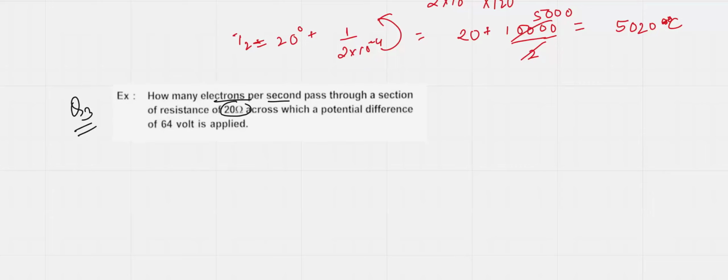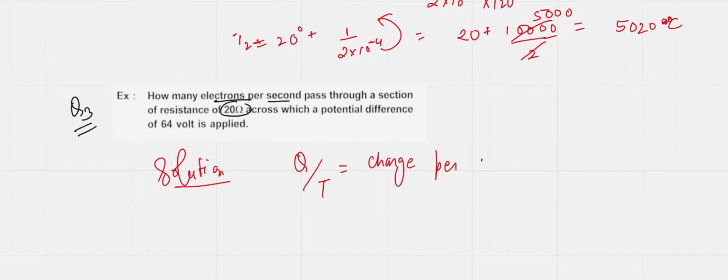Let's put the solution. Q by T is equal to charge per second, right? Charge Q is equal to N times e.